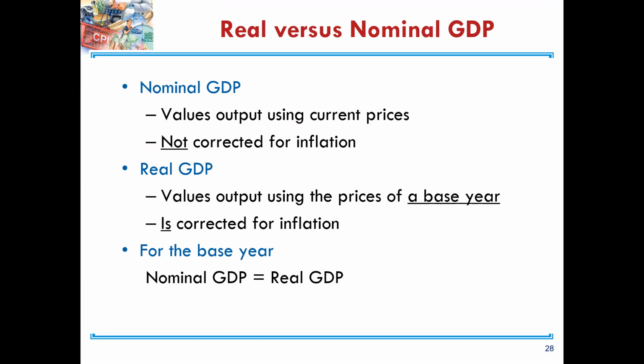Current prices here represent the prices you get for goods and services on the market at any particular point in time. This type of GDP is not corrected for inflation, and we know that inflation represents the general price level in an economy.